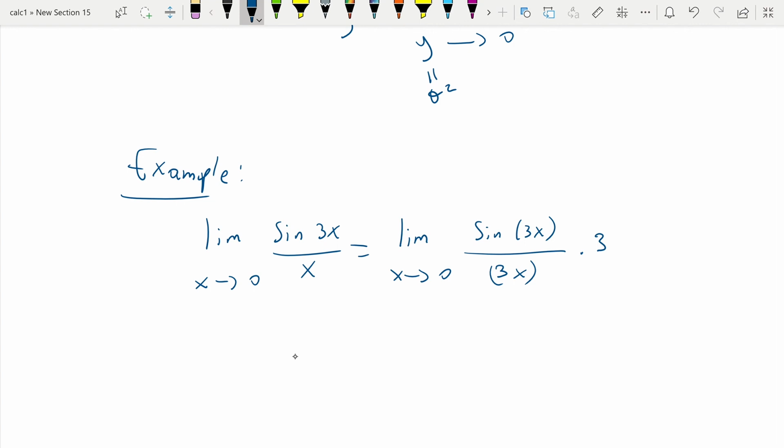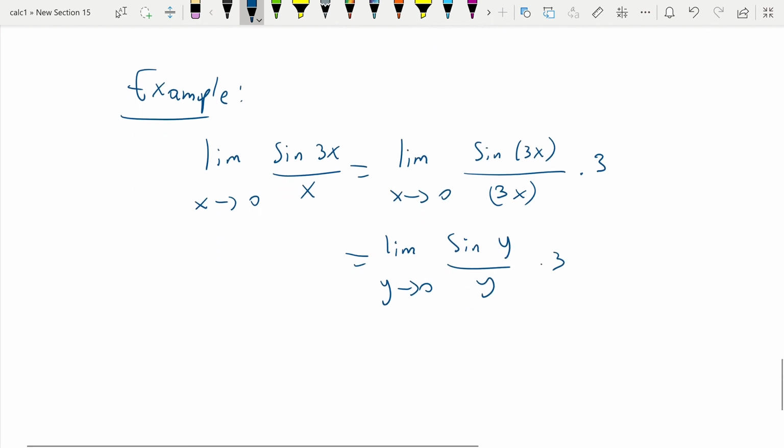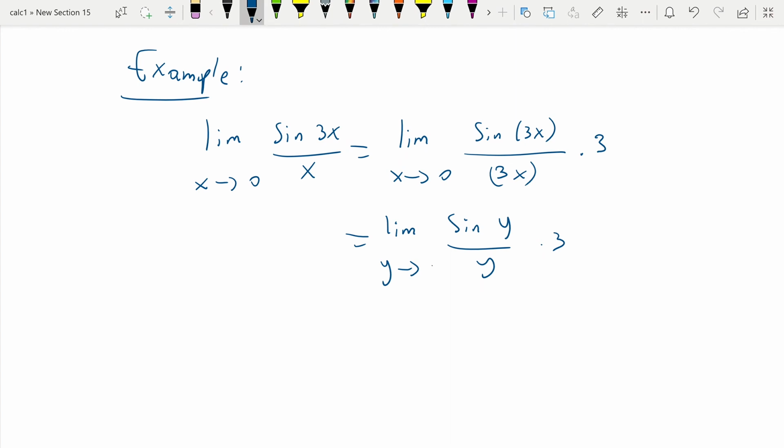We want to write this as 3 times sine of 3x over 3x. We can call 3x y, and take the limit as y goes to 0, because if x goes to 0, then certainly 3 times x goes to 0 as well.